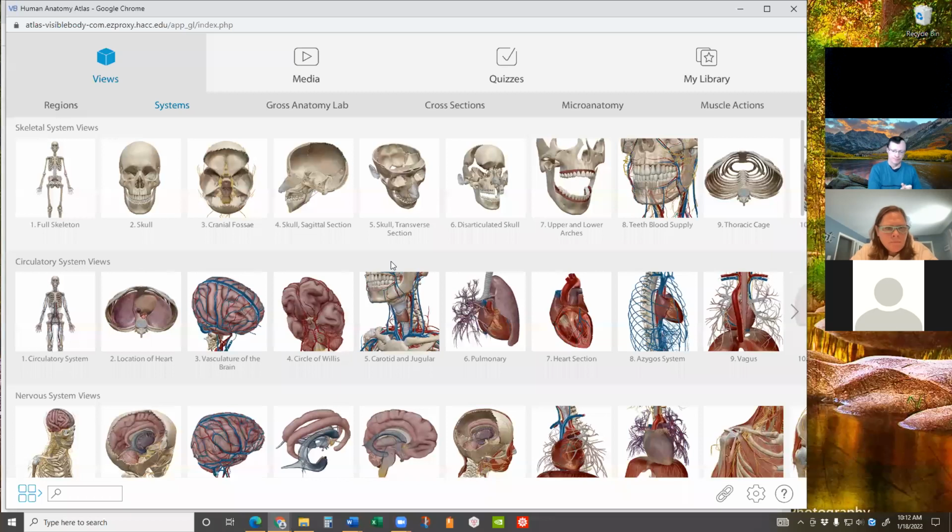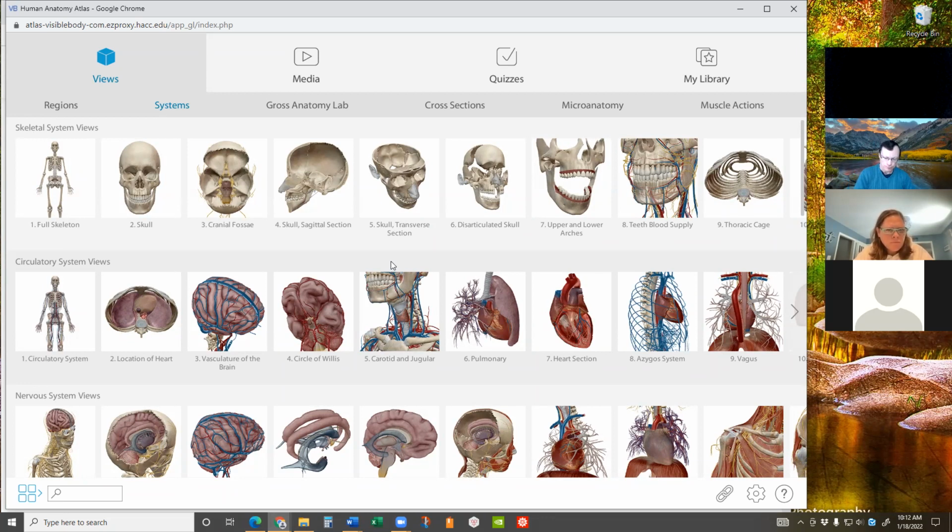All right, so the first thing I need to show you is how you use the software to learn content. And this will be a multi-week process where you learn how to use the software. But we're going to start with some simple things today to get you started, and we'll get more sophisticated through the semester, okay?